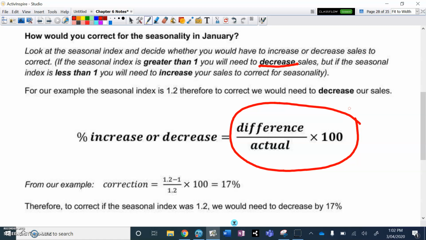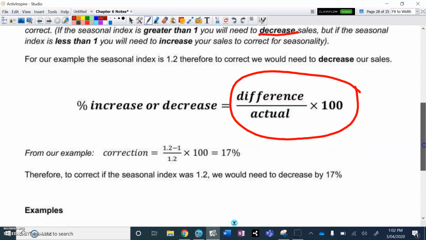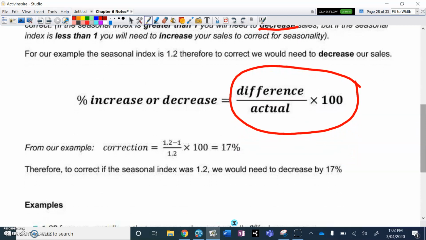So for the example we've used, the January one, the seasonal index is 1.2. We're figuring out the difference between 1.2 and the average, which we know is 0.2. And we're going to divide that by the actual figure, 1.2, and make that into a percentage. When we do that calculation, we need to decrease our sales by 17%.